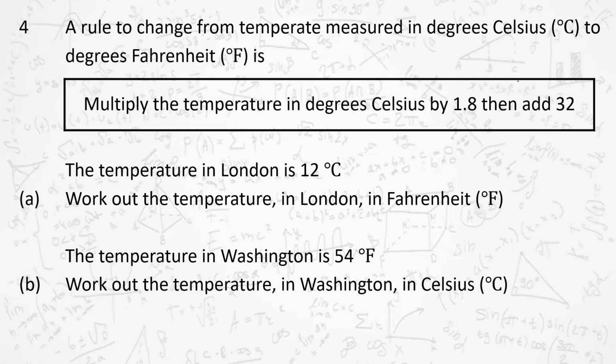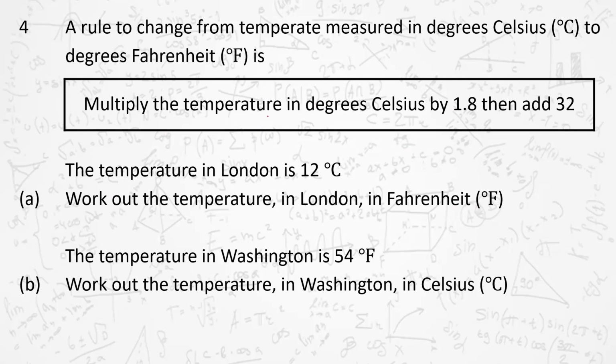Question 4. A rule to change from temperature measured in degrees Celsius to degrees Fahrenheit is multiply the temperature in degrees Celsius by 1.8, then add 32. Okay, so lots of words. So we're going to convert that to maths.